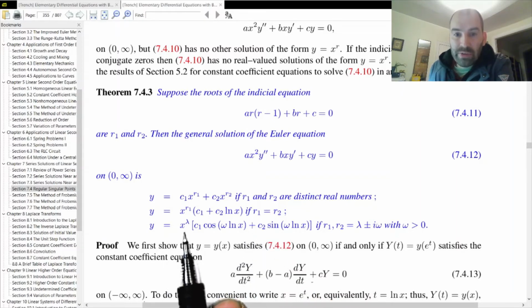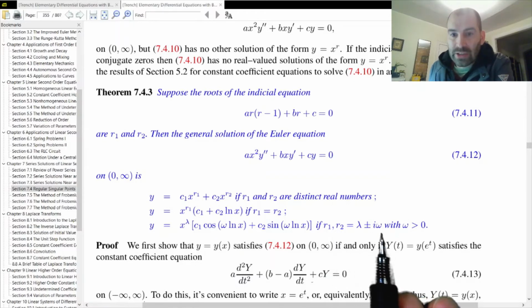Or it's going to be of this form, where we have two complex roots. Remember, complex roots always occur in conjugate pairs. So one's going to be of the form lambda plus i omega, and the other one's going to be in the form lambda minus i omega. So they both can be written like this, right?